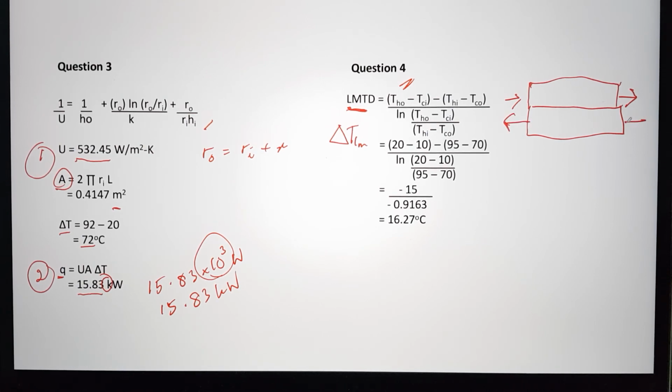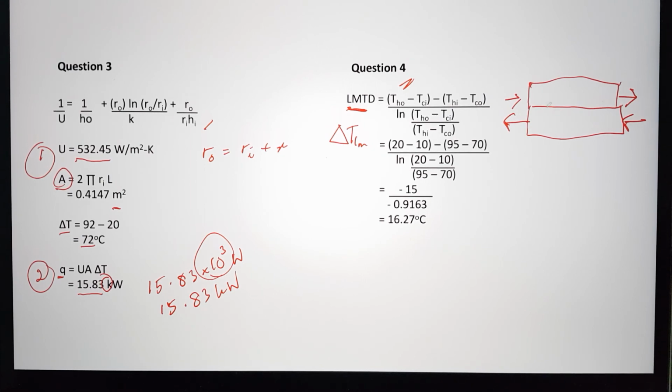You need to make sure that the arrows for the materials are in the correct direction. Otherwise, you are going to calculate it wrongly. So use the equation for LMTD.